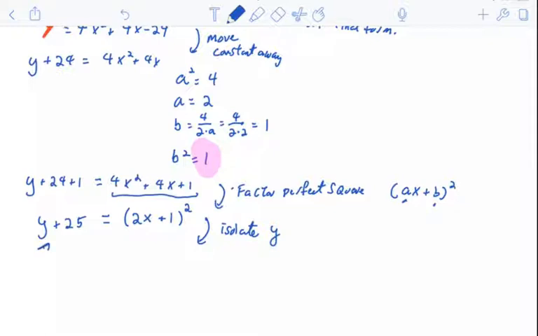I'm going to bring it out front. I'm going to subtract 25 from both sides. There you go. Although to tell you the truth, that's essentially how we modified it, but we're going to do something slightly different with this.